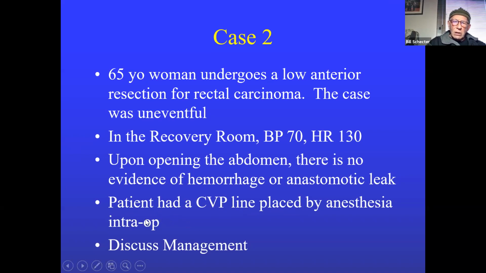We drained the tamponade, the blood pressure improved, but unfortunately, after 4 weeks, the patient died of multiple organ failure. First of all, the CVP line was unnecessary since we weren't having any problem intraoperatively.